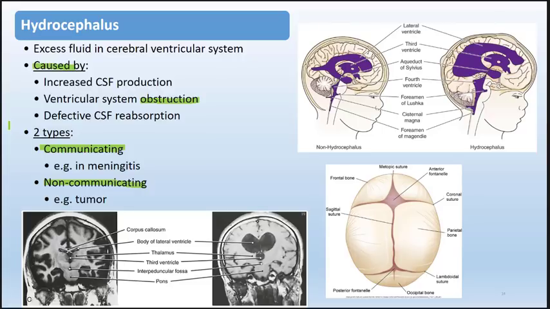So this tumor is obstructing the normal flow of CSF, and the fluid can't reach the convex portion of the cerebrum where those arachnoid granulations are found, which are responsible for reabsorbing the cerebral spinal fluid. So if it can't get there, and it can't be reabsorbed, but you're still producing cerebral spinal fluid, then it can lead to hydrocephalus. And this is the one that's more commonly seen in children.